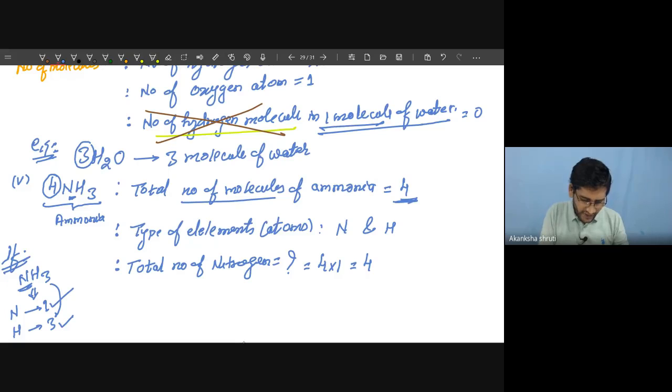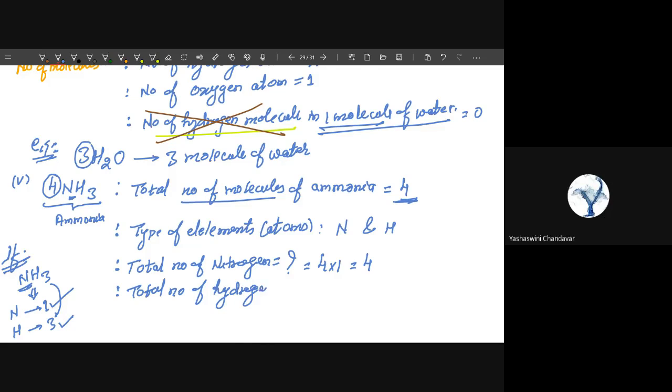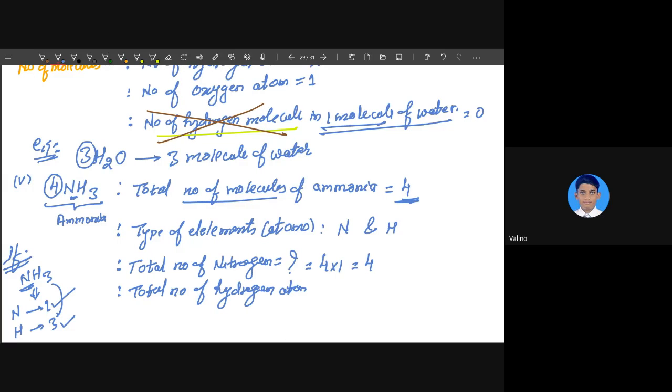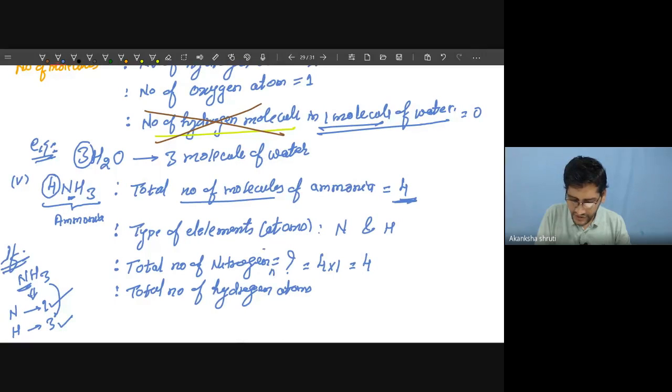So here we have taken 4 molecules of ammonia, so the number of nitrogen atoms will also be 4. What is the total number of hydrogen atoms? 12. Very good. 12.